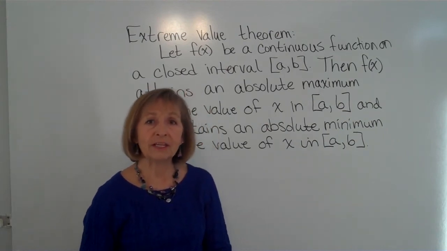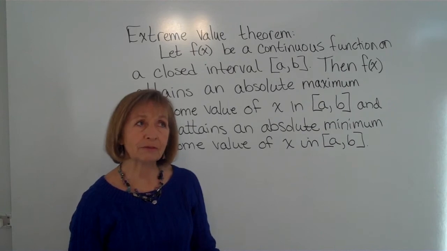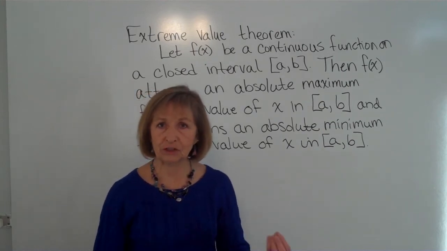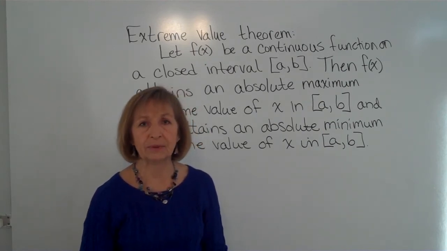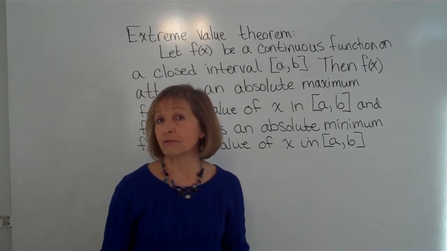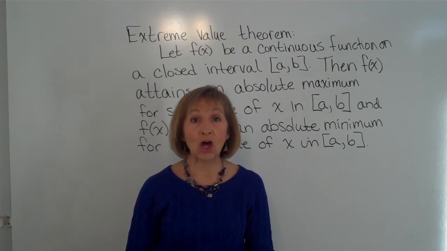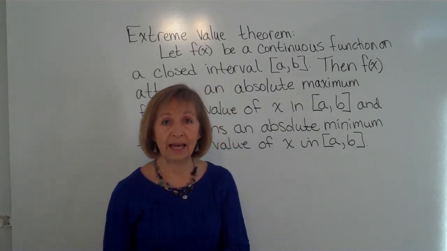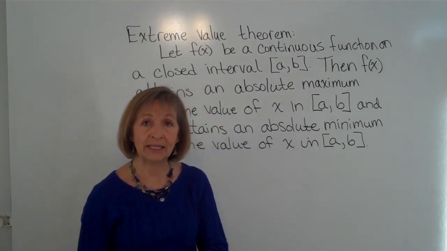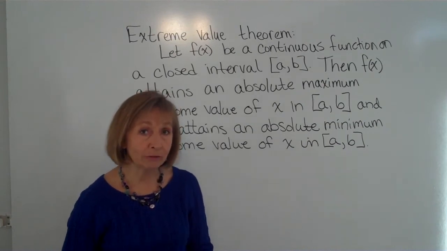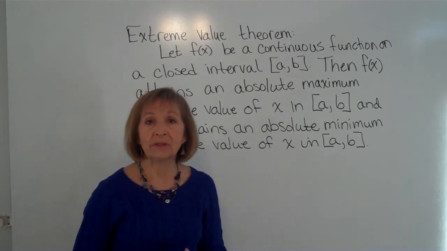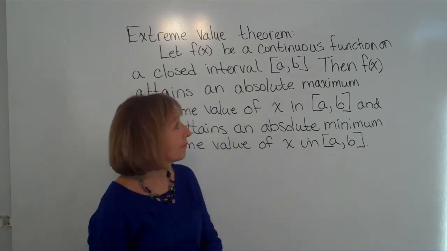So those sorts of things are different types of functions that we can just automatically say that it's continuous. Now, for those sorts of functions that may have spots where they're not continuous, as long as those values of x that have discontinuities are not in our interval, we can still apply the extreme value theorem.